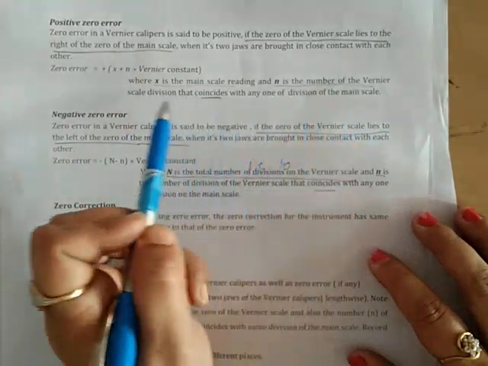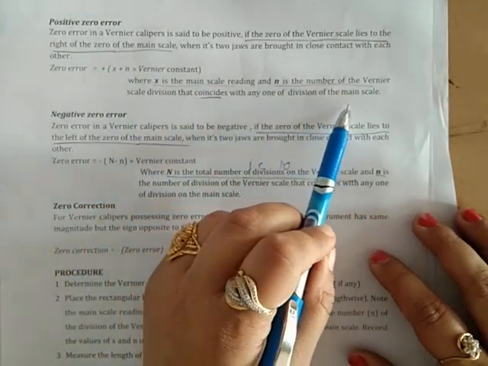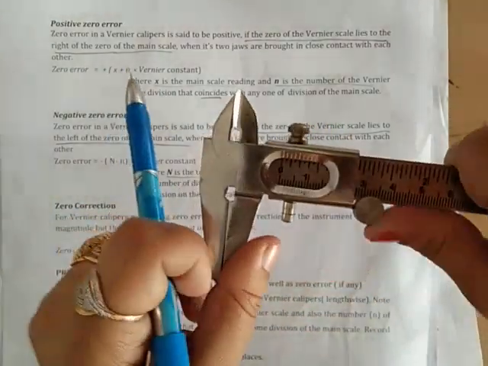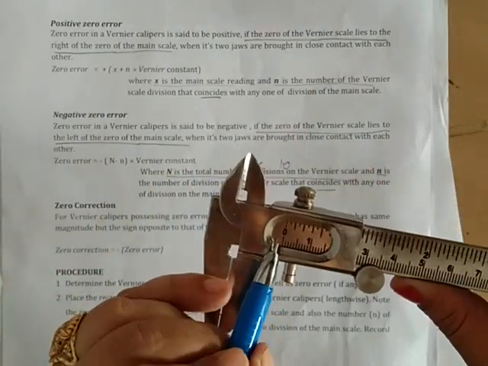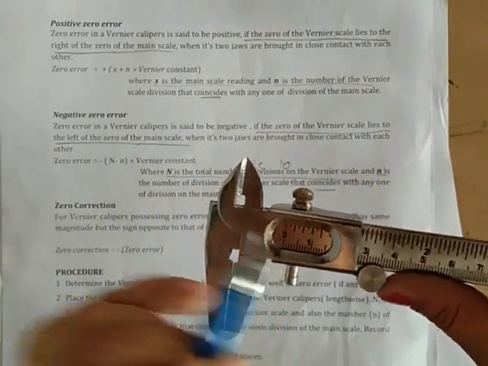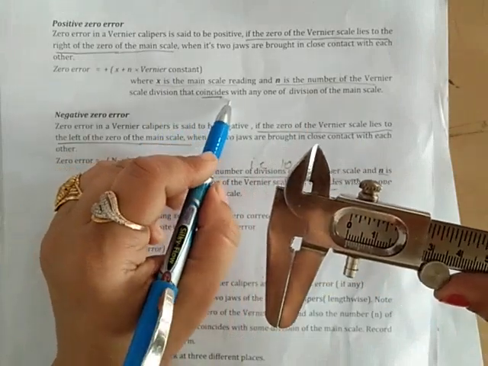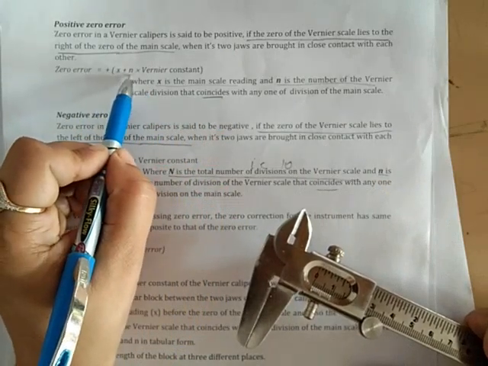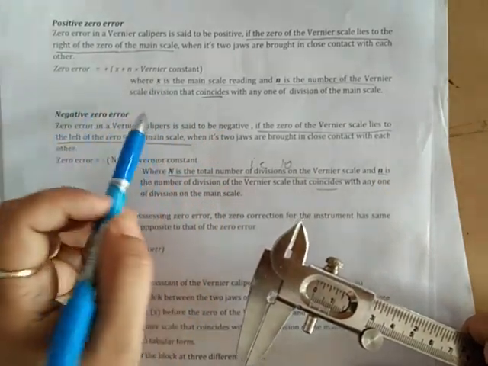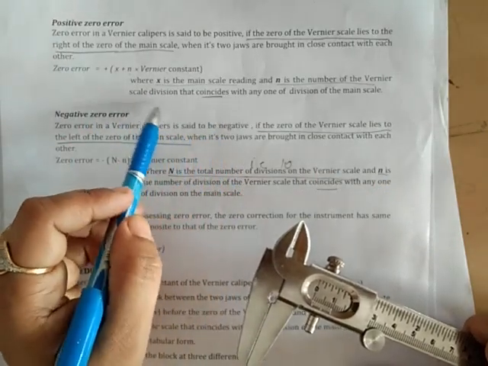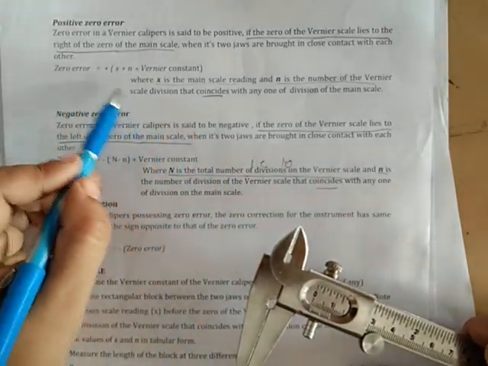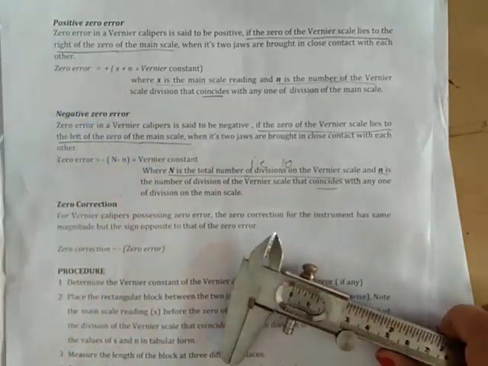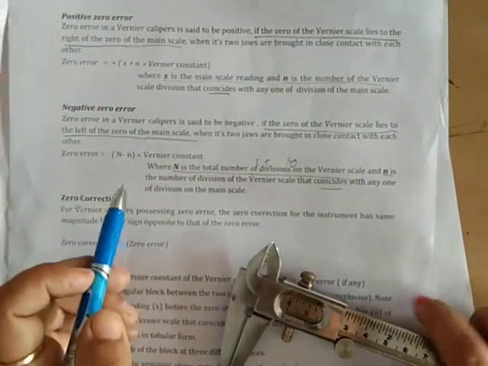If n is the number of the vernier scale division coinciding with a main scale division, note down the 0 of the vernier coinciding with the x of the main scale, and note this number. Put the main scale reading and vernier scale reading, multiply n into the vernier constant, and subtract this value from the final reading. You can remove the positive 0 error.